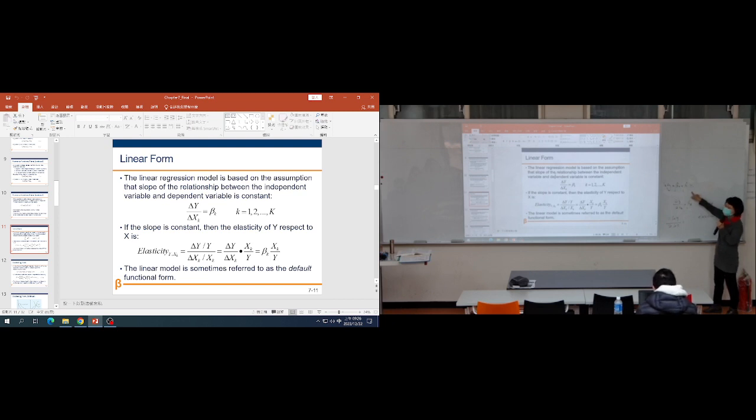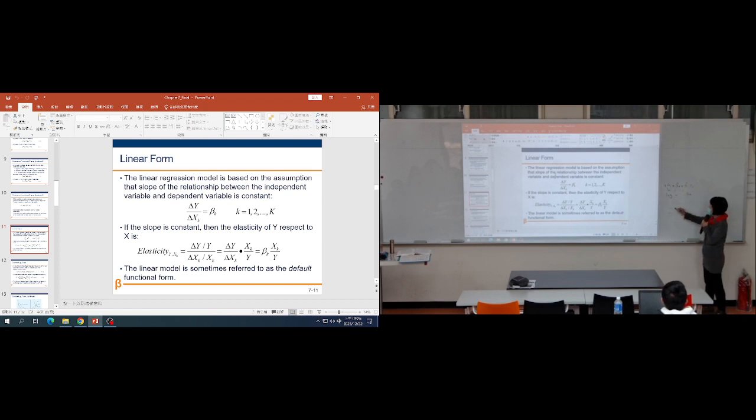There's no log in x. So this is what we call semi-log. Since it is log in y and linear form in x, usually we say this is log-lin form. Log-lin means this is log and this is lin.